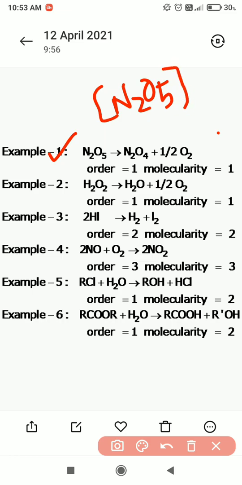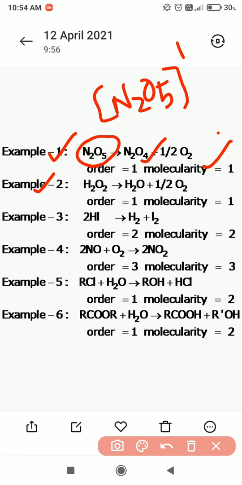Only 1 mole, so the exponent you write is 1. Therefore the order of reaction is first order. How many reacting species participated in the reaction? Only 1 mole of N2O5. Therefore the molecularity is 1. Understood?